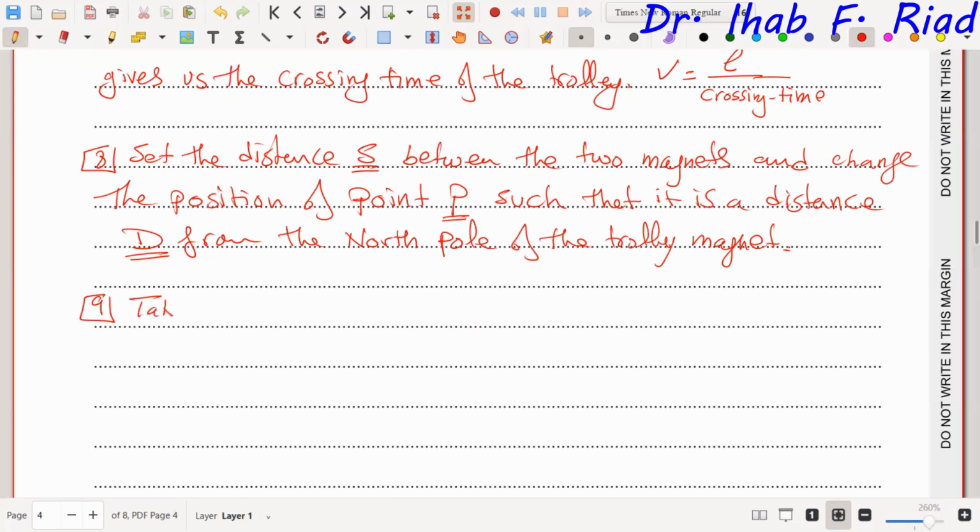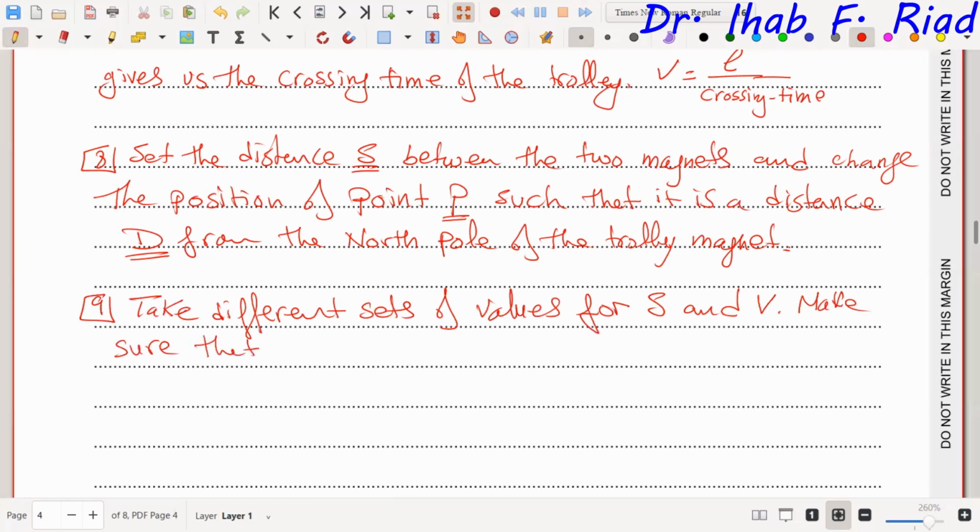Take different sets of values for S and V. Make sure that point B is always at a distance D from the North Pole.